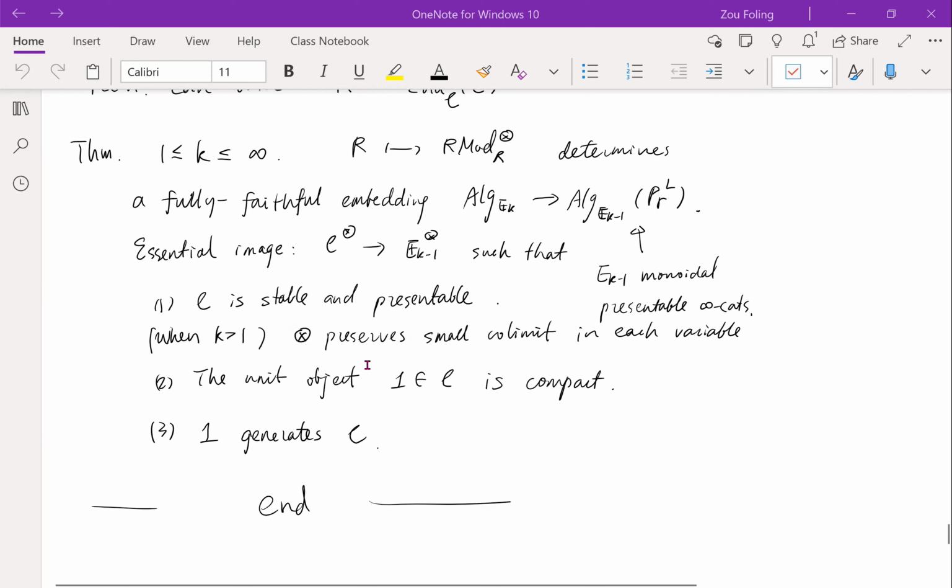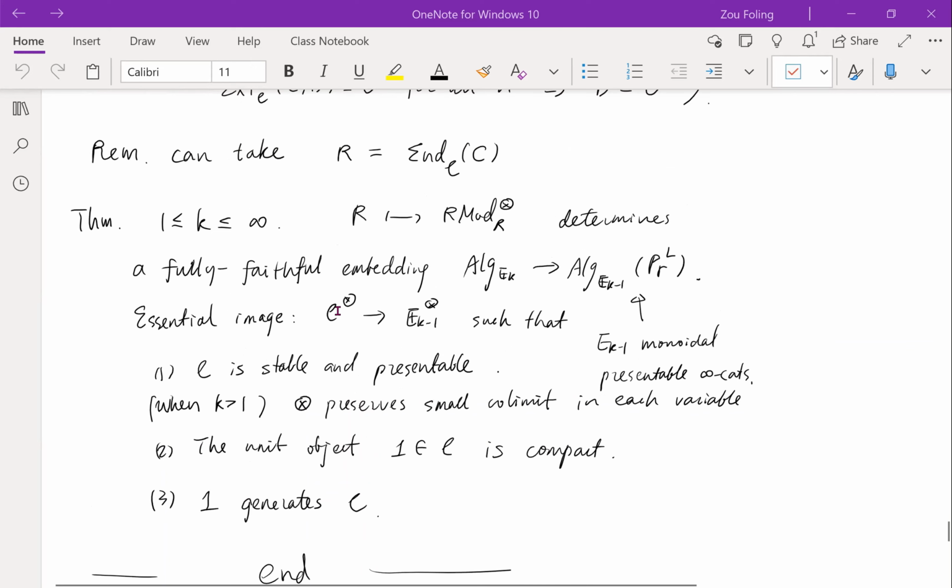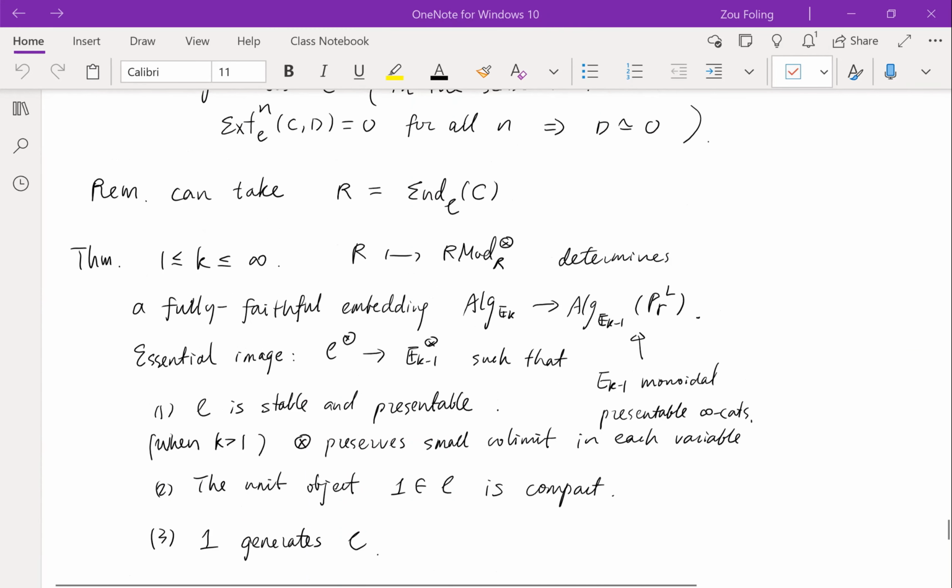Number 2, the unit object is asked to be compact, and number 3, the unit object generates C in the same sense as above. If these are all true, then this is in the essential image, meaning you can find an E_k algebra R in ring spectra such that its module category is equivalent to this E_(k-1) monoidal presentable infinity category that you start with.